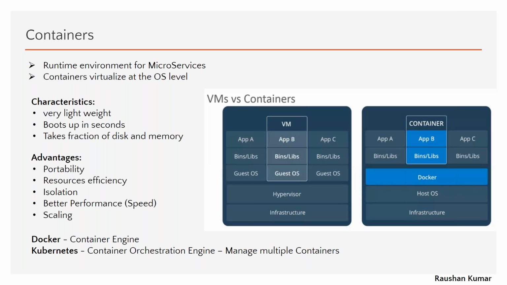Suppose app A is my web server, and I see a demand in the user load, with the CPU utilization of this container crossing 60%, 70%. We can set a limit that if CPU utilization goes above 60%, create more such containers. So who will do that? Kubernetes. That's the container orchestration engine.